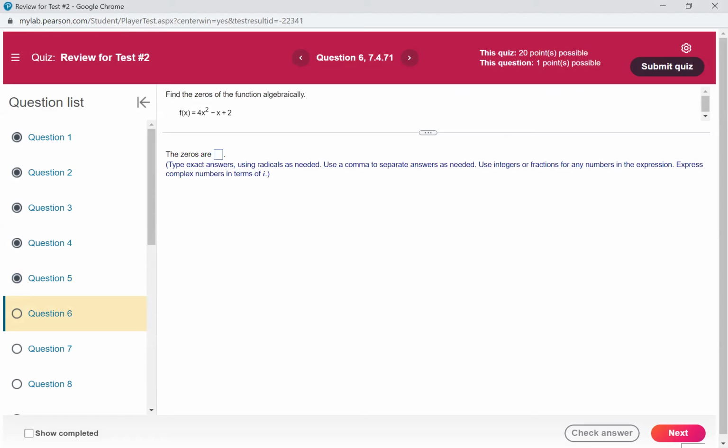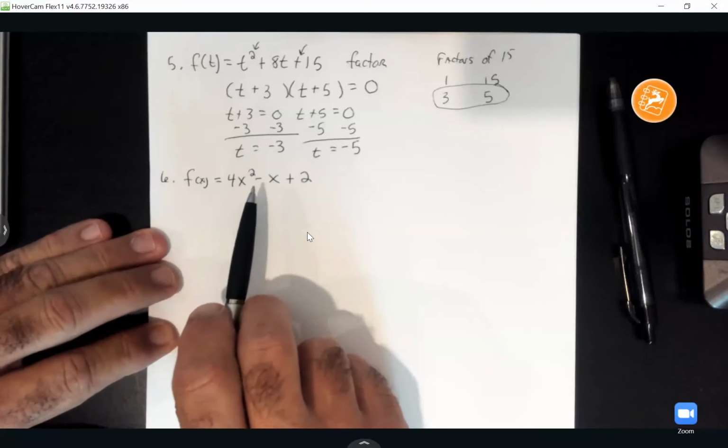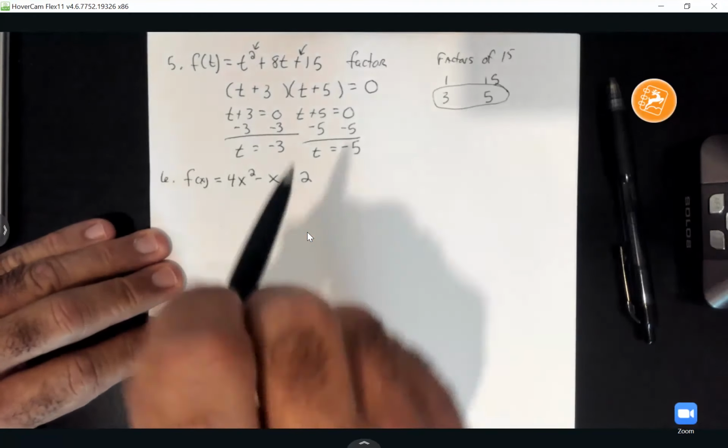All right, let me write 6 down here. This is f of x equals 4x squared minus x plus 2. All right, so the trick on number 6: number 6 is not going to factor.